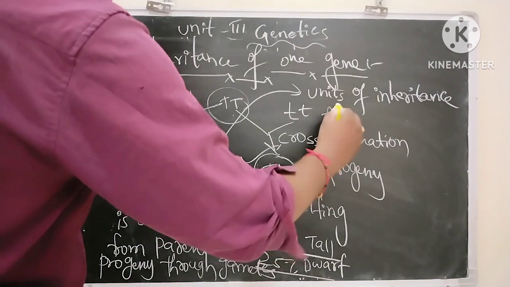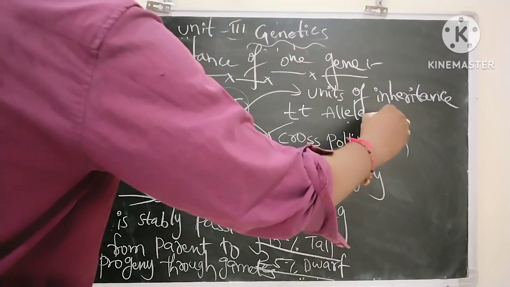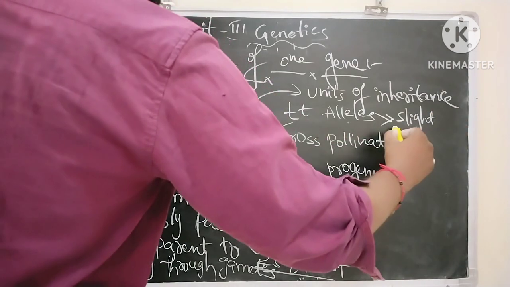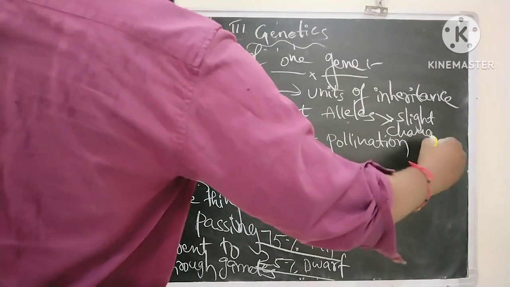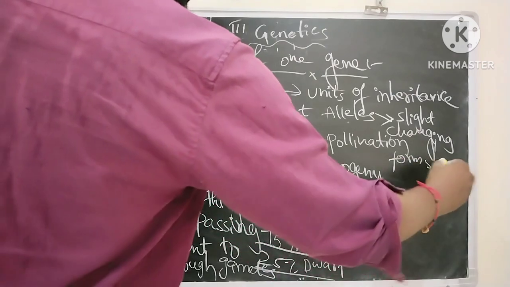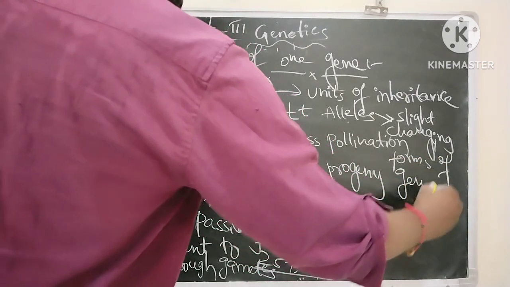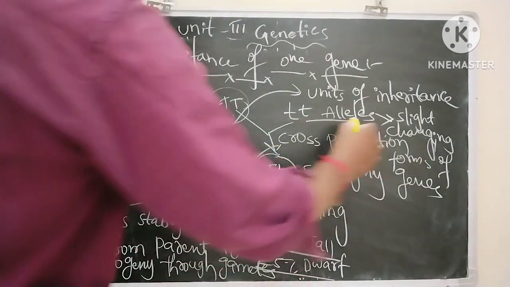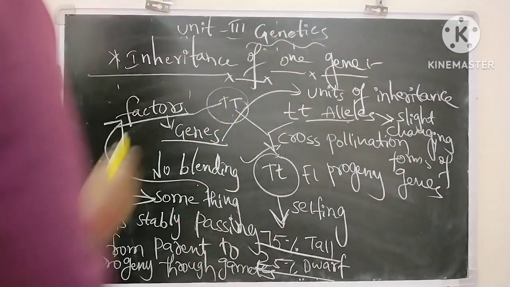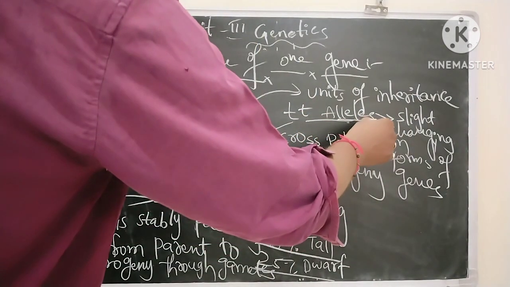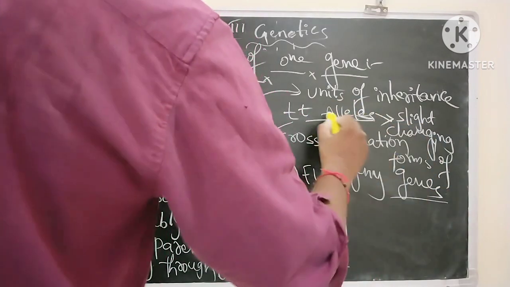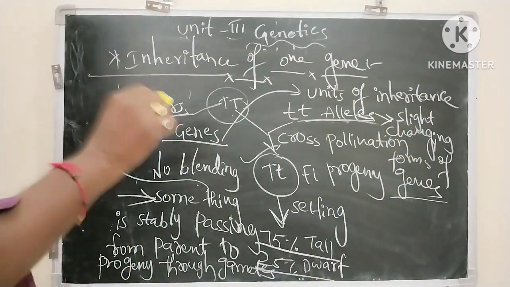And what about alleles? Alleles are nothing but slightly changed forms of genes. A little bit of change is there between alleles, which are genes having slight change.